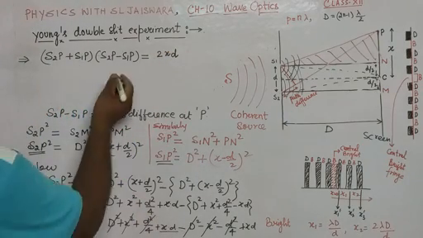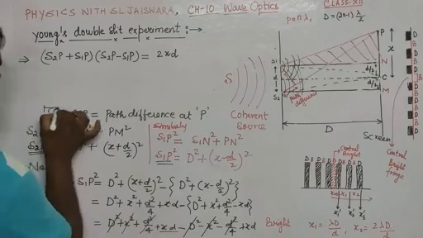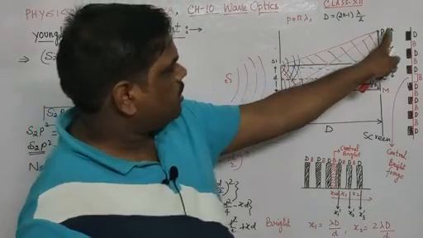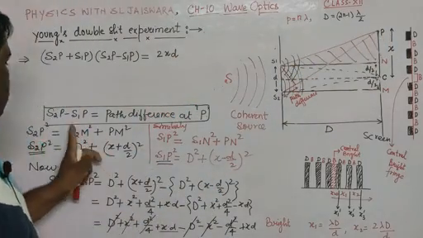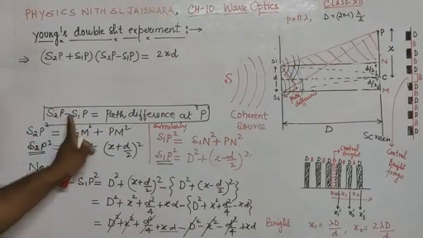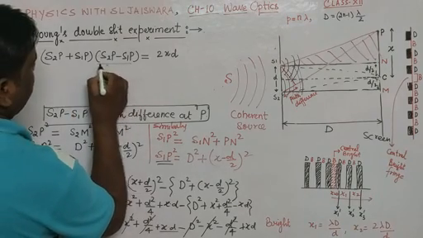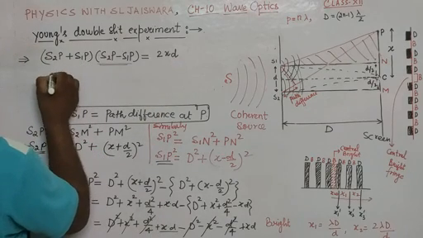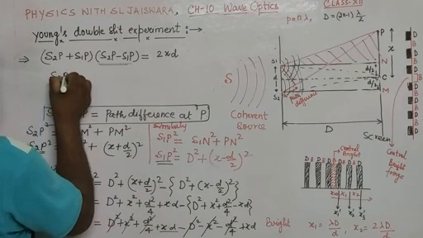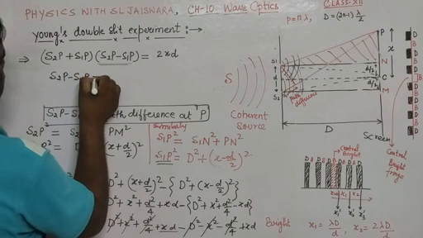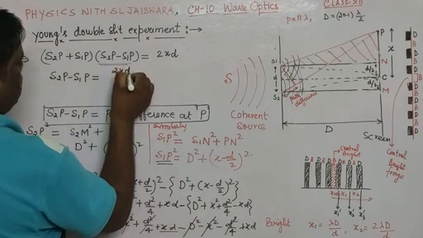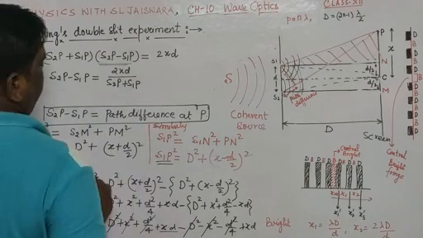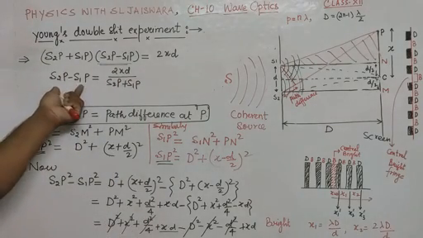which becomes 2xd. So what is our motto? We want to calculate the path difference at this location, that is S2P minus S1P, this we have to calculate. So keep this on the LHS and transpose the other to the RHS. Finally we get S2P minus S1P is equal to 2xd upon S2P plus S1P. What is S2P minus S1P?